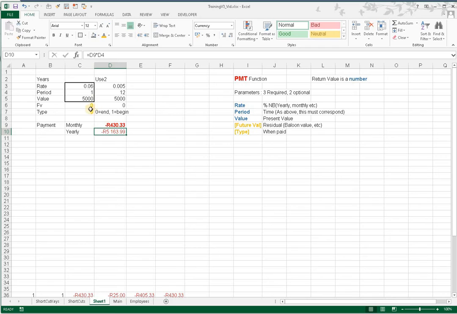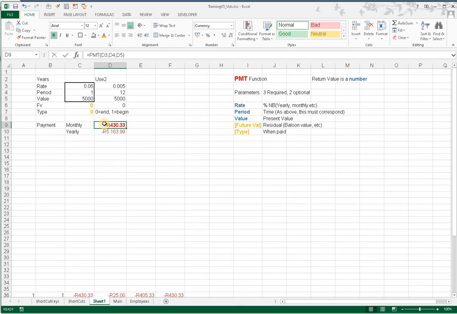So personally I like to keep it that way, but it is up to the user that puts in the formula to do what you like. You could also make the D5 a negative number. Now the result is positive because the money is now going out. Again, it is up to the user, but I personally like to keep it negative.